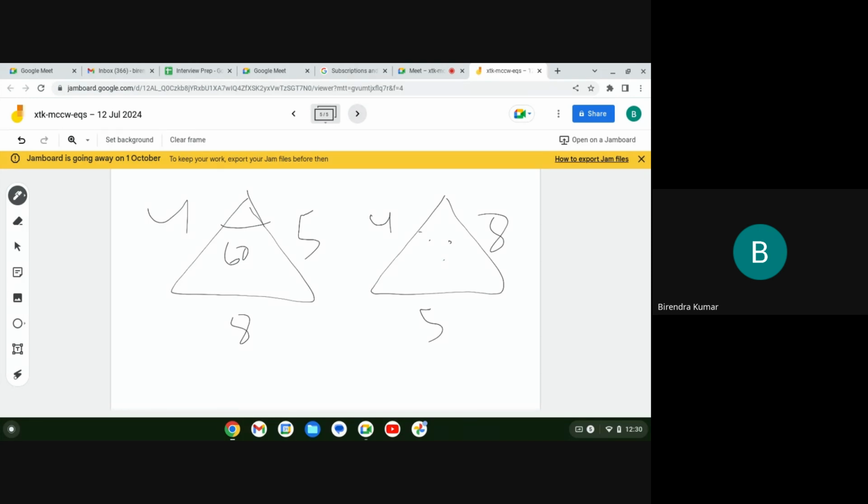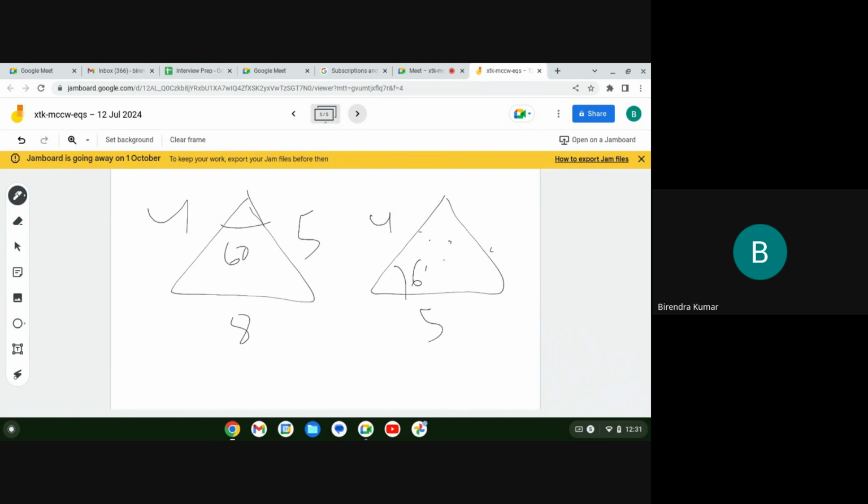I will remove this. Okay, so let's do this sum. 4, 5, and 8, and this is 4 centimeter, 5 centimeter.